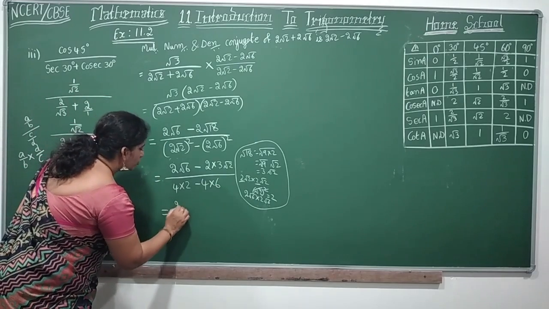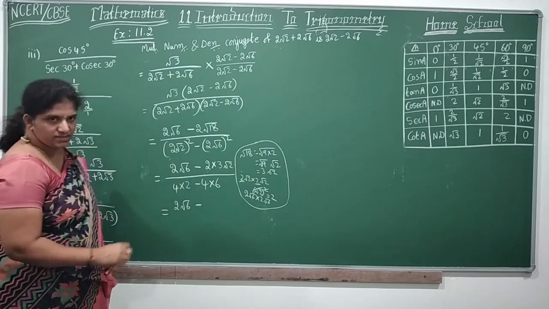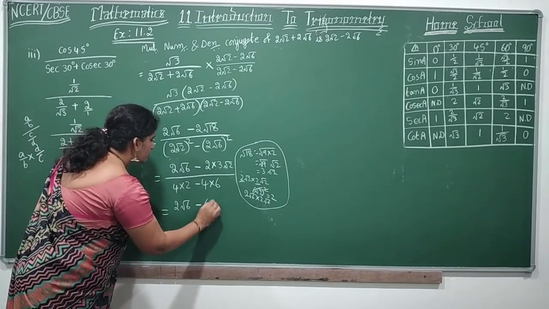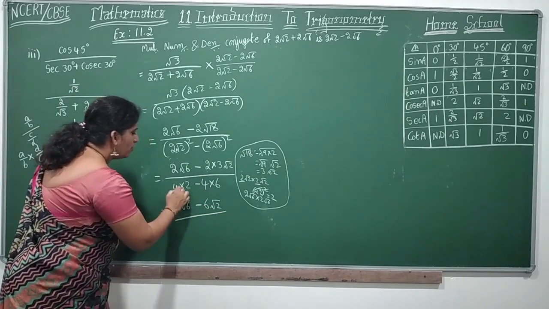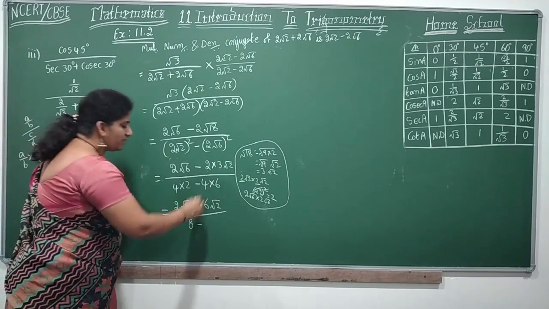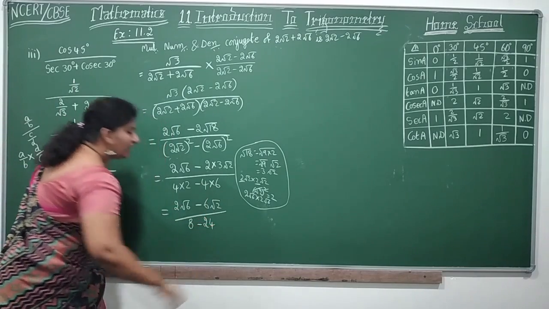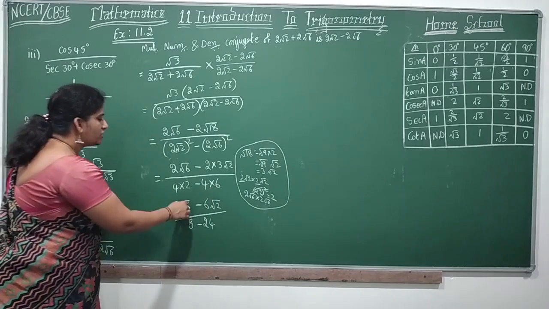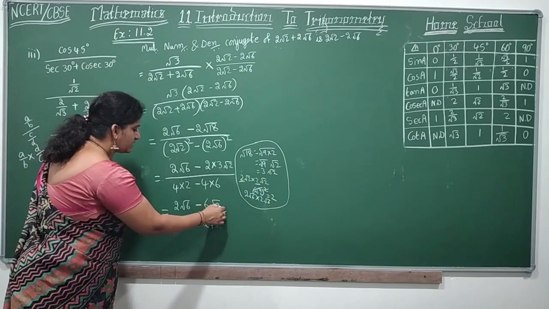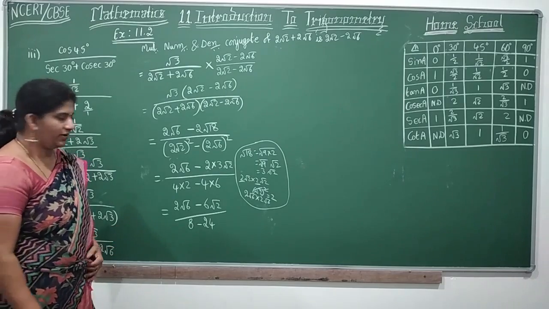Now, 2 root 6 minus 2 3s are 6, 6 root 2 by 4 2s are 8. Then again, what is this one here? 6 4s are 24. Okay. So now 2 root 6 minus 6 root 2 whole divided by 8 minus 24.